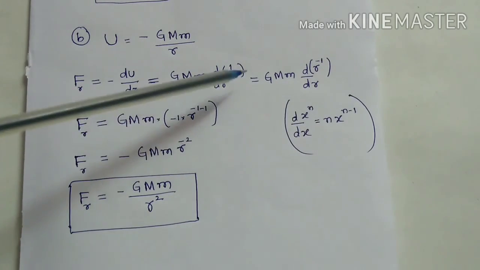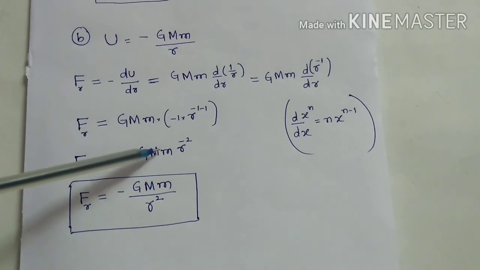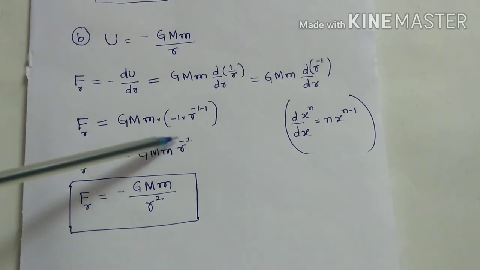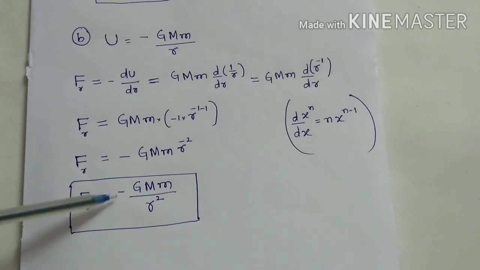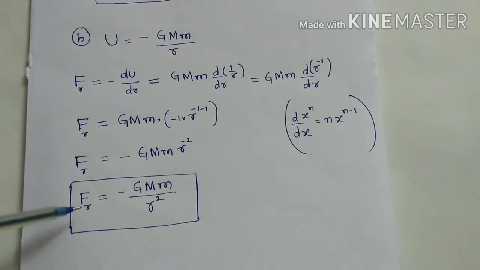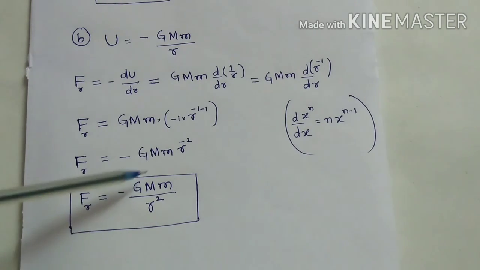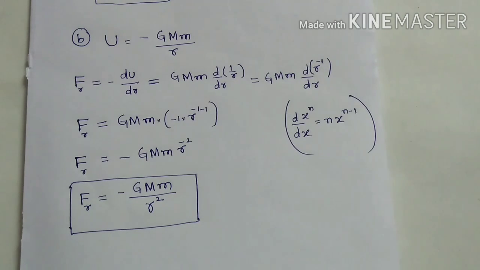Here n is minus 1. So you will get Fr equal to minus G capital M small m r to the power of minus 2. Finally the force Fr equal to minus G capital M small m by r square. This is the gravitational attraction force between capital M and small m. Okay?